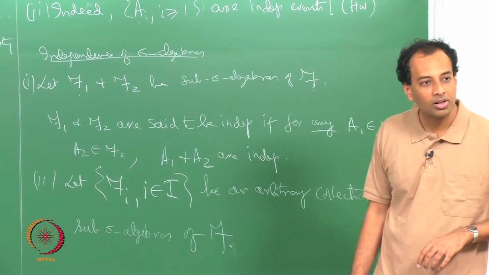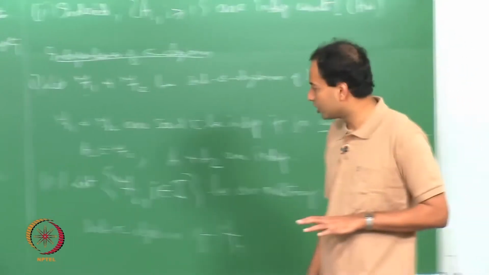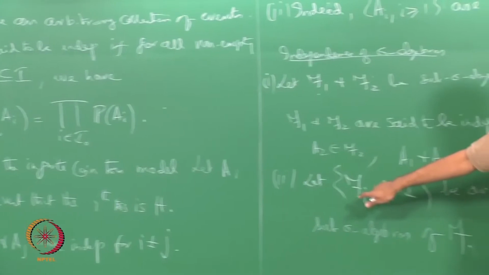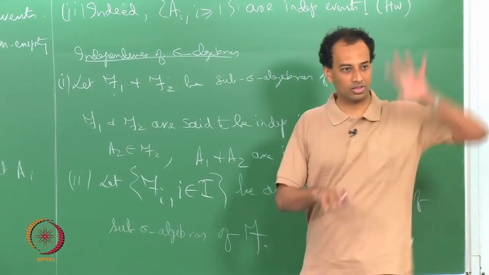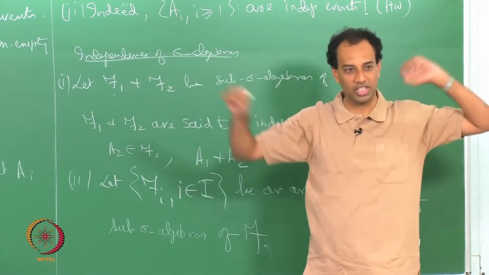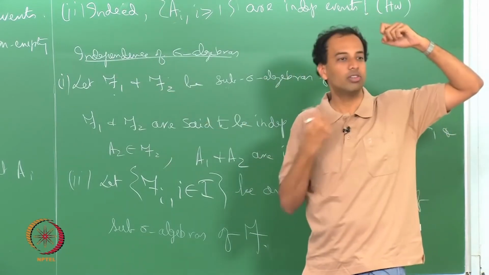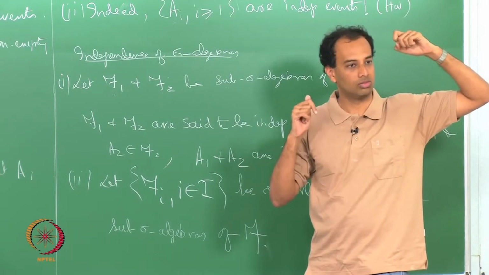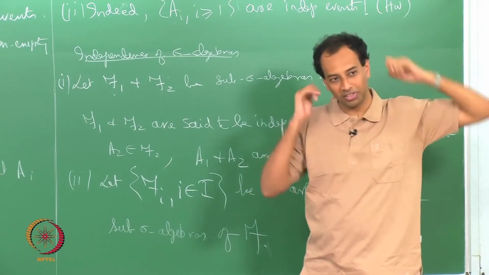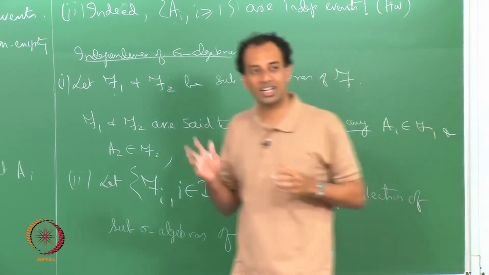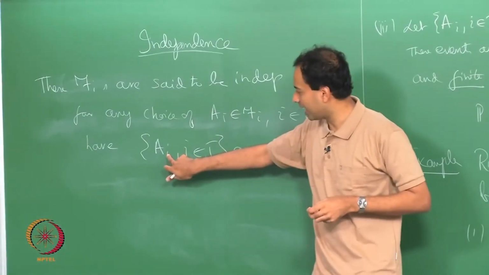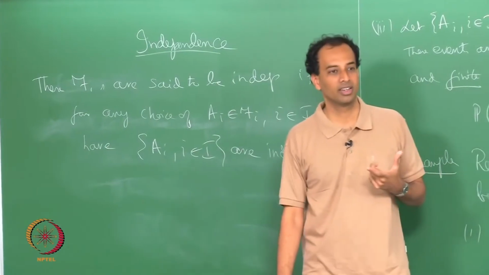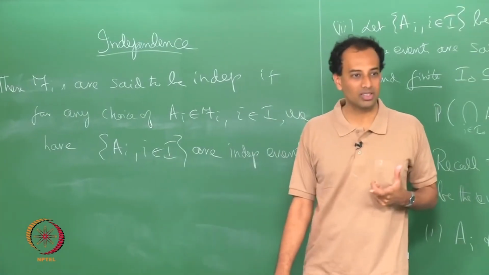That particular Fi alone. No. See, you are given a bunch of sub sigma algebras which are indexed by I, right. So, this is one sigma algebra, this is one sigma algebra and so on. From each of them you pick any event you want, right. So, no matter which way you pick it, that collection you end up with is also indexed by I. See, after all, this Ai is picked from Fi, right, and no matter which way you pick this Ai.